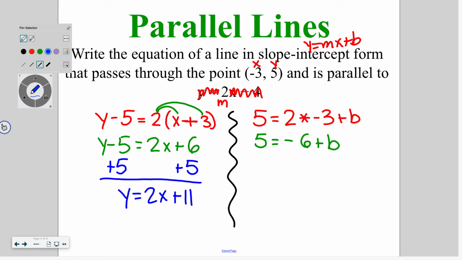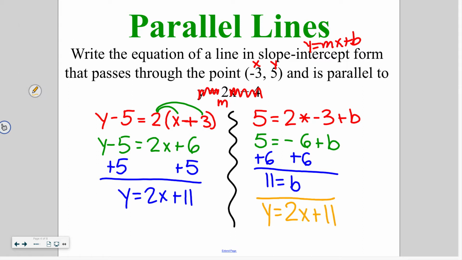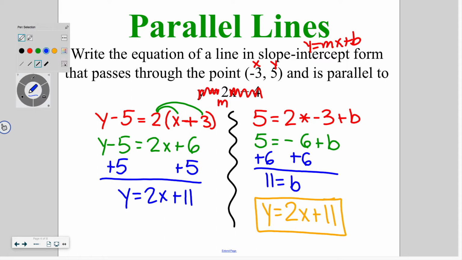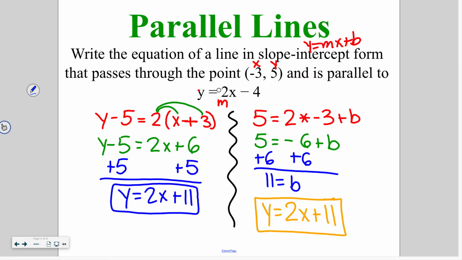So I'm going to add 6 to both sides of my equation, giving me 11 is equal to b. And then my final equation is going to be y equals m, which is 2x, plus b, which is 11. So you can see that either way, we end up with this same equation of y equals 2x plus 11. And that is the line that is parallel to my original equation, which is y equals 2x minus 4, noticing they have the same slopes.